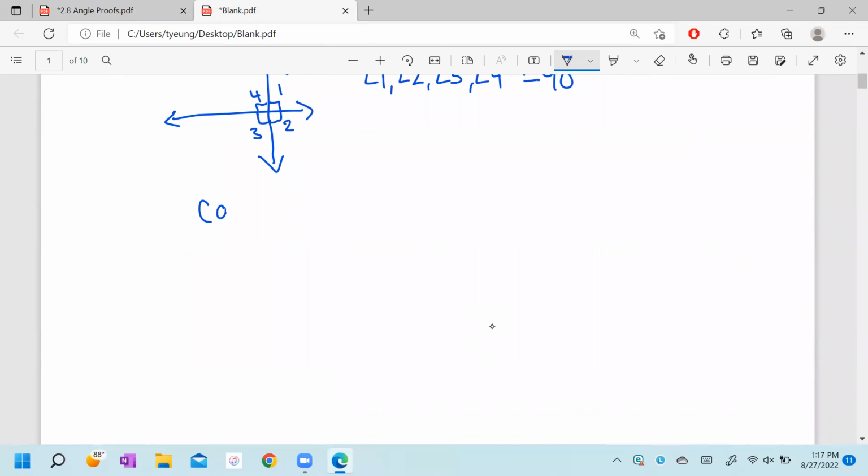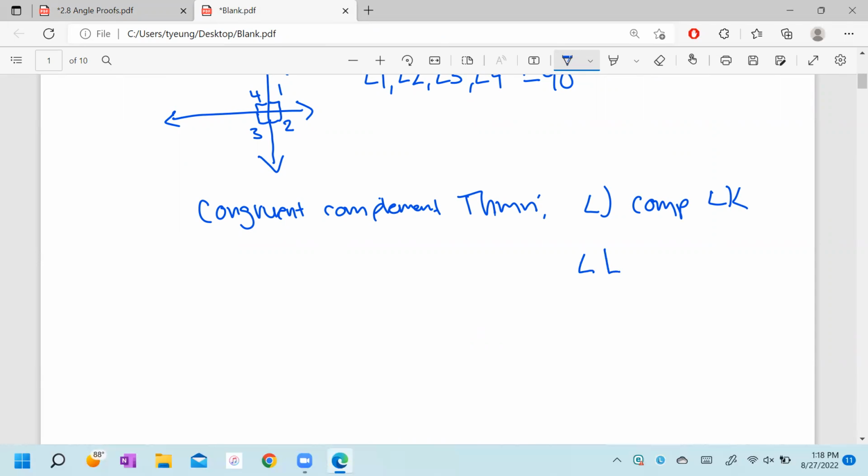So our congruent complement theorem says angle J, I'm just going to put comp for complementary, is comp to angle K, and angle L is complementary to angle K. Then angle J is congruent to angle L. So think about it like this, right?